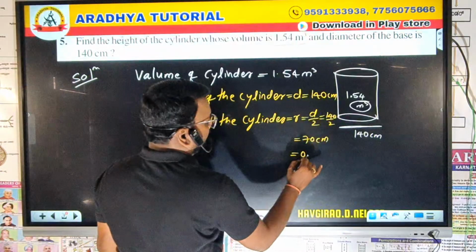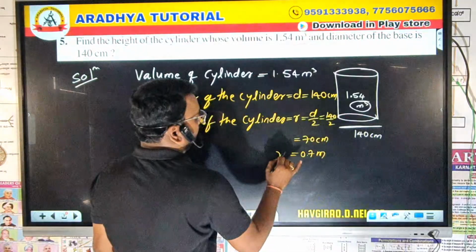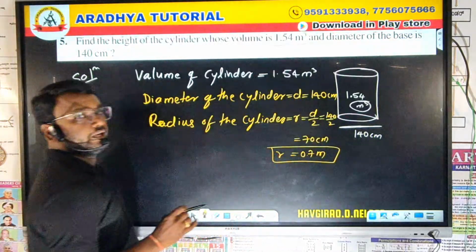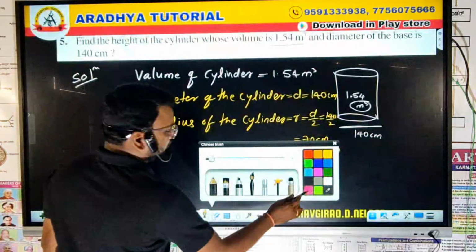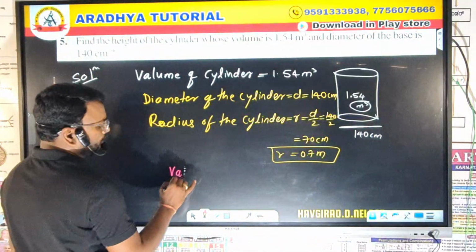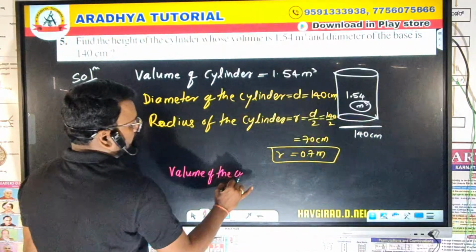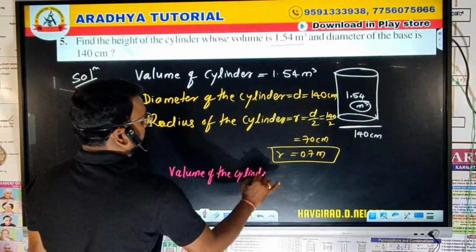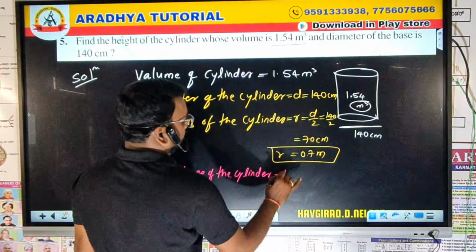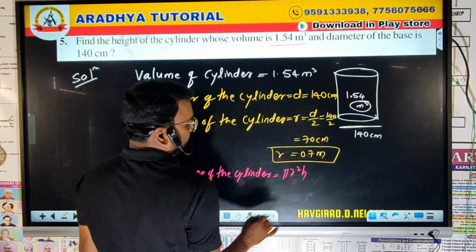This is equal to 0.7 meter. R equals 0.7 meter. And the volume of the cylinder formula is volume of the cylinder equals pi r square h.